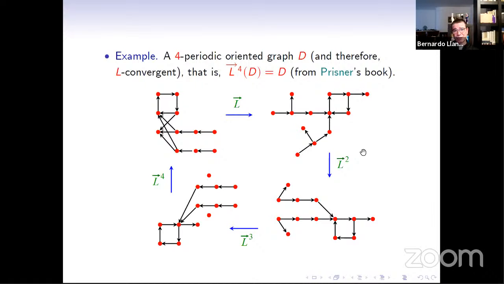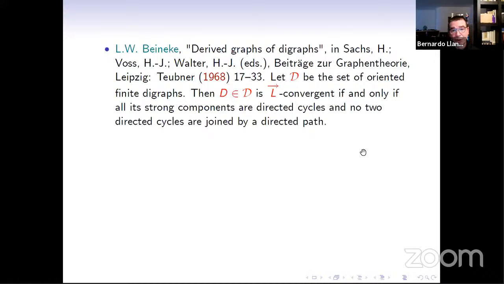Sometimes, in many operators, you can't find these examples, n-periodic oriented graphs, in some classes. It's a really difficult problem. Again, we know when a simple digraph, which means I don't consider loops or multiple arcs, you have really nicely behaved digraphs.